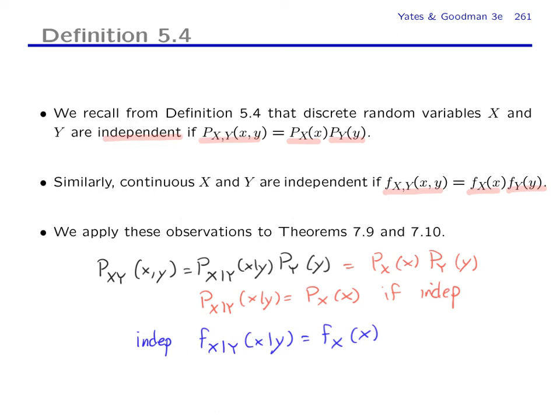Similarly, when x and y are continuous, learning the value of y doesn't change what the PDF of x is. The PDF of x for every value of y is always just the marginal PDF. That's the idea of independence. Learning one of the random variables doesn't change your knowledge of the distribution of the other random variable.